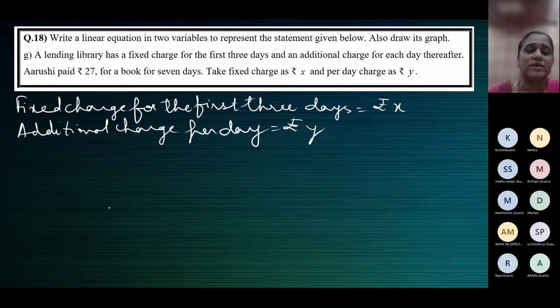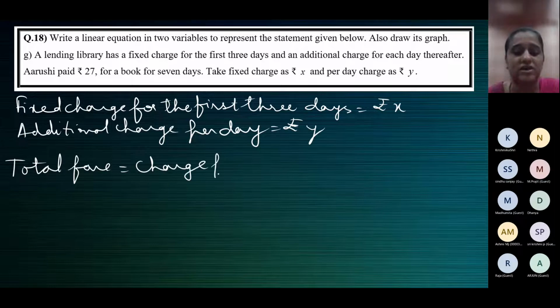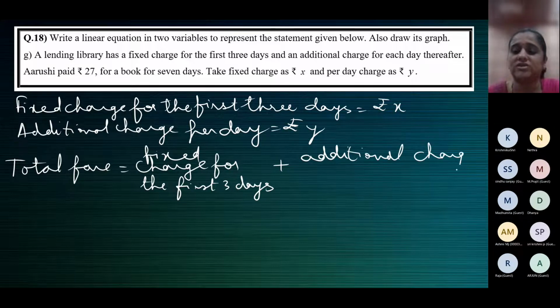Now, imagine you are Arushi. You have taken the book. How much will you pay the librarian? The total fare you will pay him is equal to, how will you calculate? The fixed charge for the first 3 days plus the additional charge for 4 days.